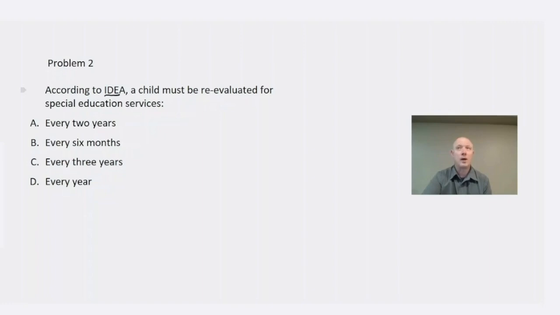So we want enough of a time period so that the program can have its effect on the student. So I'm going to eliminate any choice that's too short of a time frame. Choice B is every 6 months, which is too short, and every year is too short of a time frame.